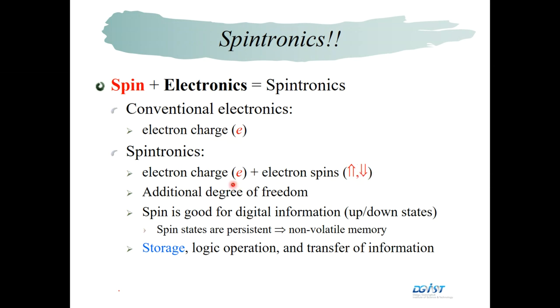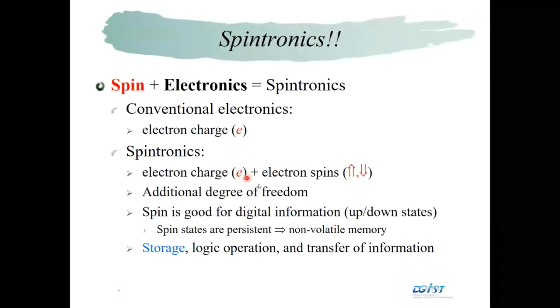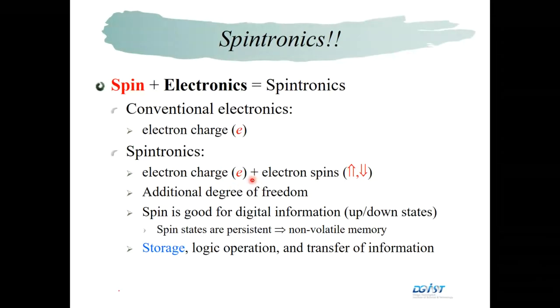So when we control the electron charge with conventional electronics, and we have additional control of the electron spin, we call that an additional degree of freedom. That means we have more functionality of the device.